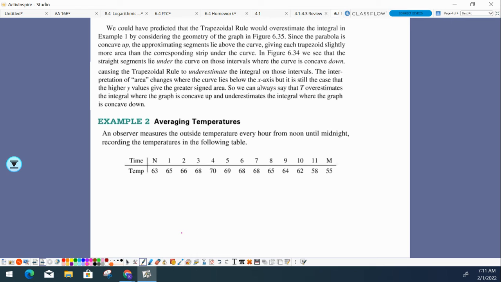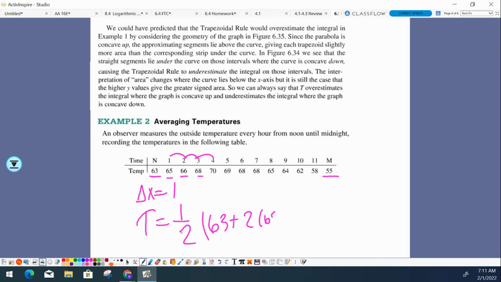And so you do the same thing with a table. Our change in x is 1. So for the trapezoidal rule, I do h over 2, 1 over 2, times one of each of the outside values here, 63, plus, but I double all the middles. 2 times 65, 2 times 66, and so on.